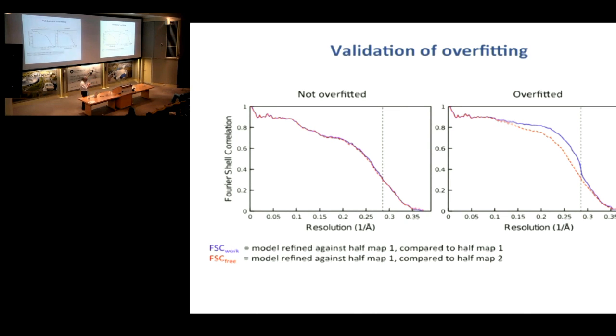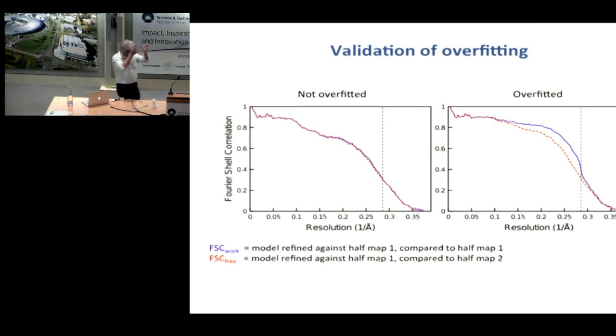You would like your model to be in the map. That's why you have to refine against the total map first, to make sure that your model is in the map, and then do randomization and look at these curves.